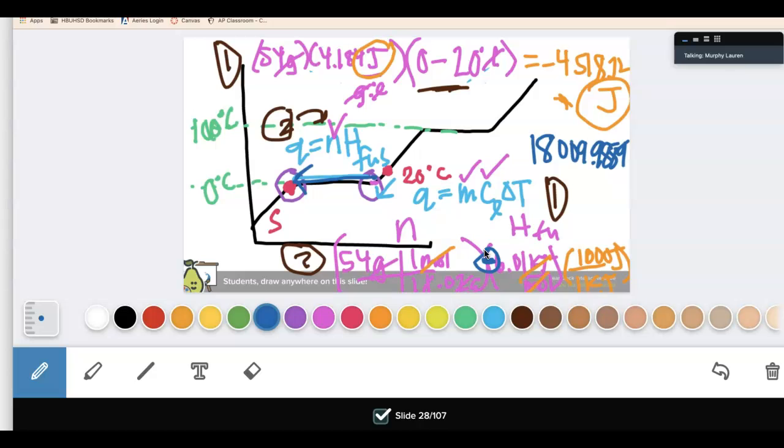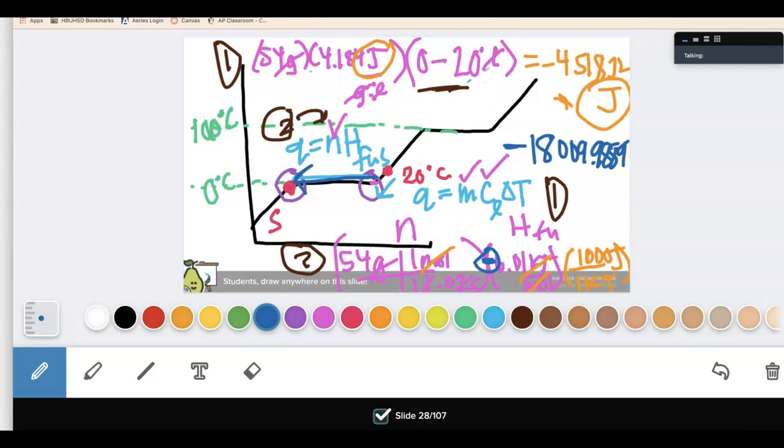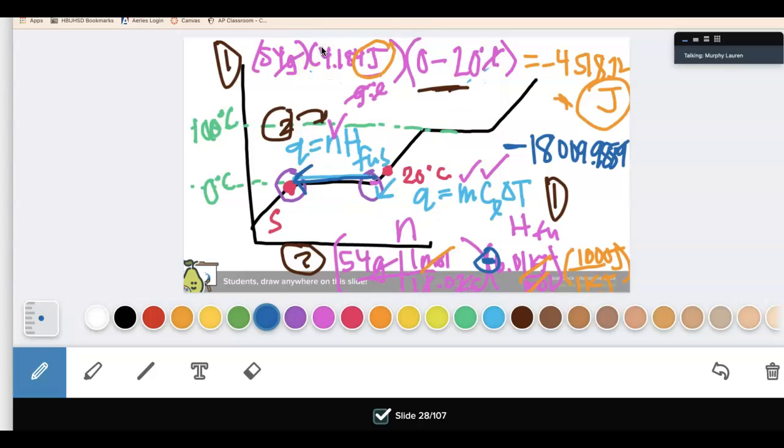You have to do that yourself because fusion means melting and we're doing the opposite of melting, so we use the opposite sign, which makes this negative. So equation 1 is negative, and now equation 2 is negative, so now we can add them together.